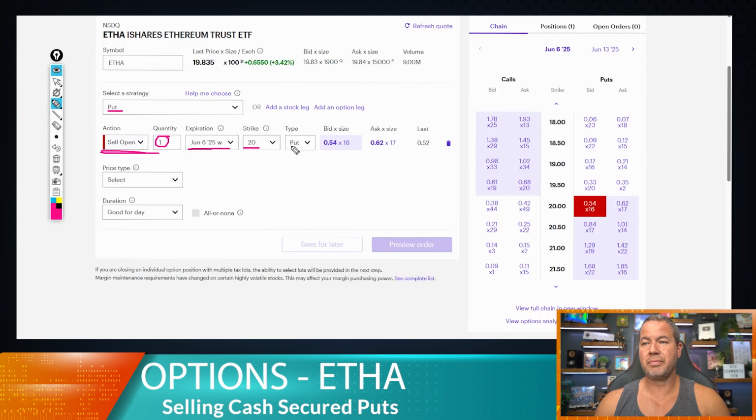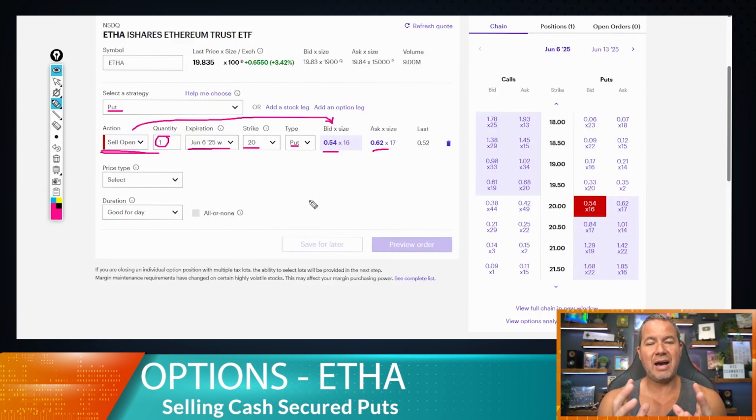Obviously, it's a put. Now, the bid-ask is the spread between what buyers are willing to pay for this put and what sellers are willing to sell this put for. Since we're selling to open, we need to look at the bid because that's currently what buyers are paying. So we're going to use that when we do our math.